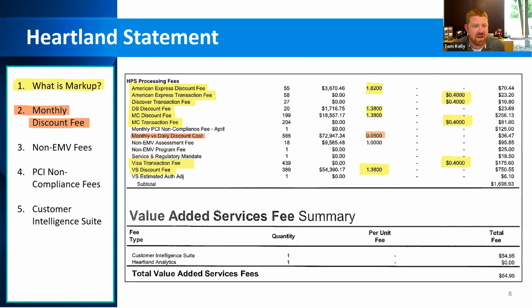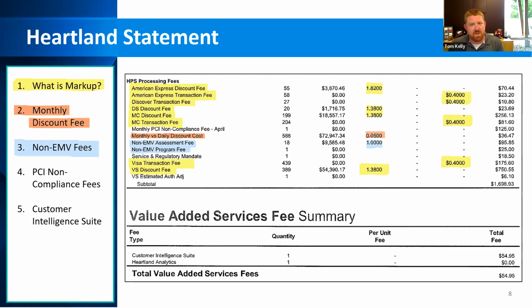As you can imagine, that can create quite the headache when it comes to accounting. So what Heartland's doing is they're charging an additional 5 basis points here to really do things the way the rest of the industry does. So, a little bit of an additional markup here. This would be 1.87 and 1.43 now when you add in this 5 basis points.